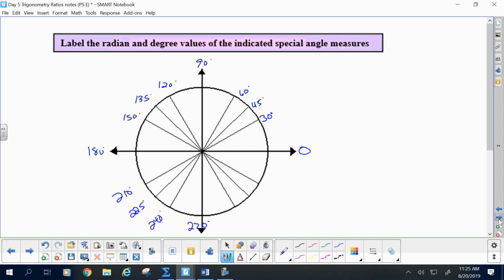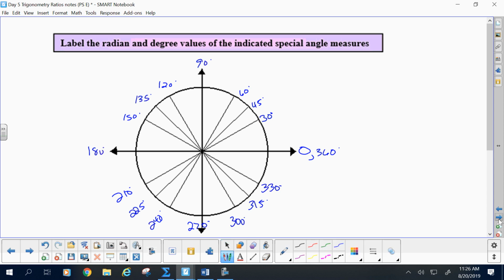Some of you guys have this down cold. 30 degrees more. 300, 315, 330, and this is also, I suppose, 360. Okay, cool. Now let's do radians.